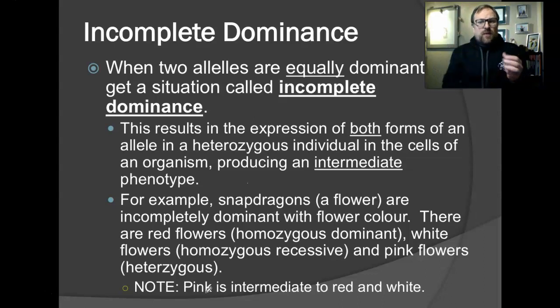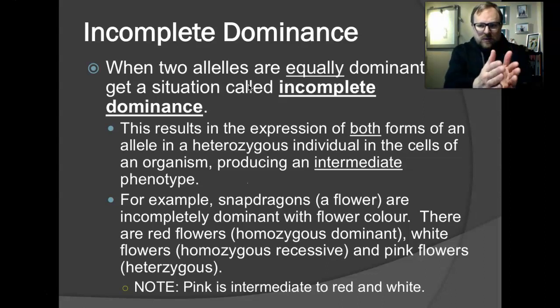In incomplete dominance, there's a third option available, and that third option results from the two alleles being equally dominant in a heterozygous situation. So if we had one allele of the one type and we had the other allele paired together in a heterozygous situation, then they are equally dominant.